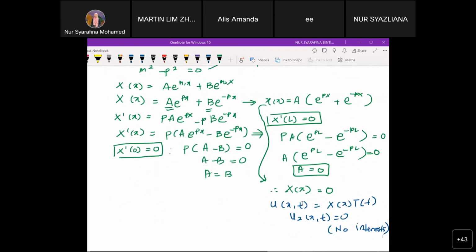For this case, no need to proceed with finding T because we get x equals to 0. No need to follow the sequence, because at the end, we are going to sum up all 3 cases. Okay, understand? For the second case here. Anyone has a question?